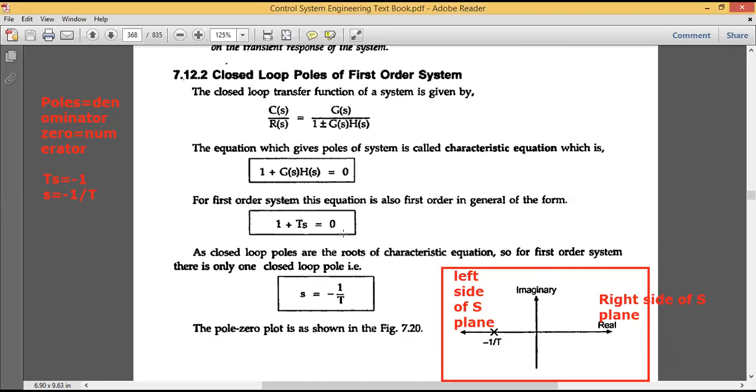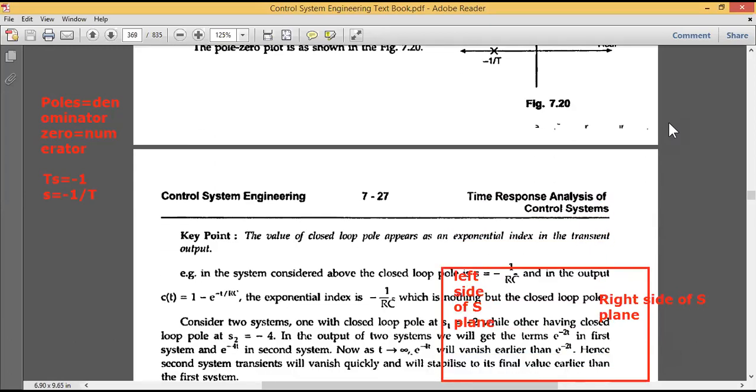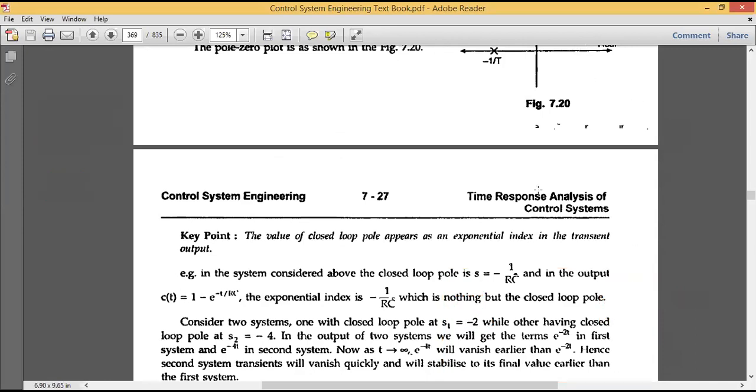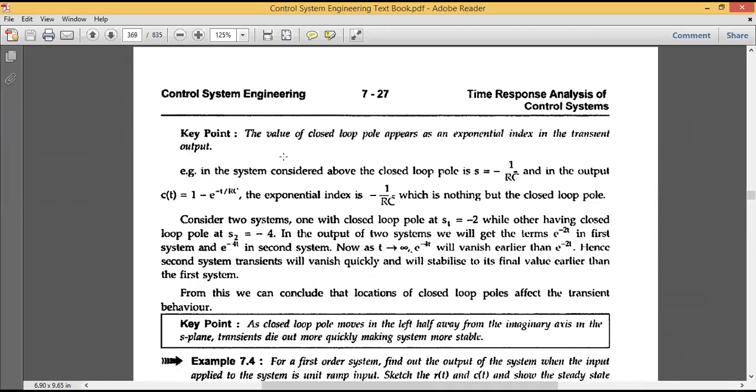As in this given equation, the number of poles is only 1, so I have just cross-marked at minus 1 divided by T. Similarly here in this particular problem, the value of the closed loop pole appears as an exponential index in the transient output. Obviously it is 1 divided by T, and what is the value of T?